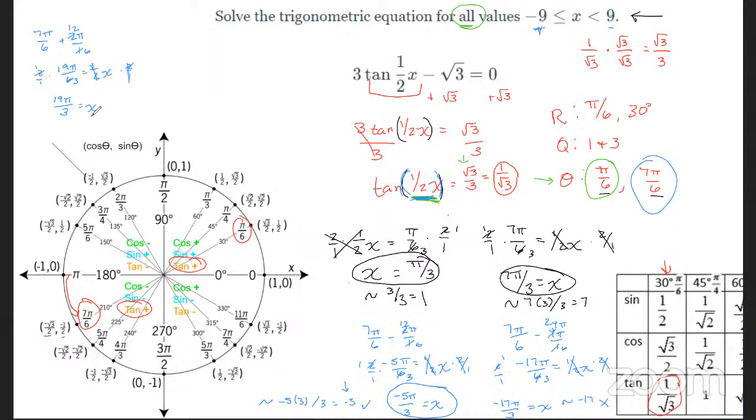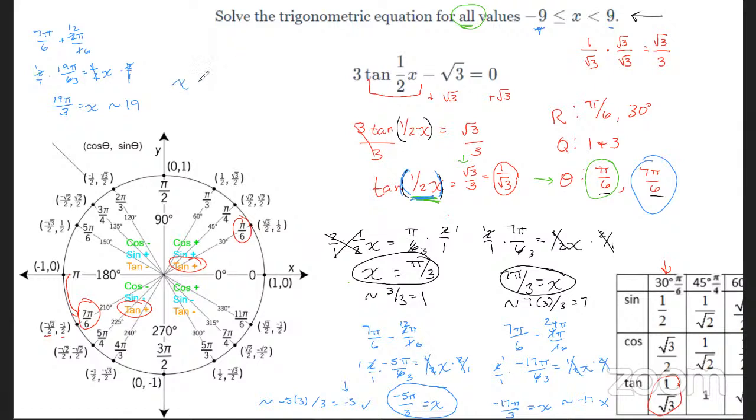But we don't know if that's an acceptable answer or not until we know if it fits within our domain that we were given, the negative 9 to positive 9. So we have to find an estimate. So 19 times an estimate of 3 for pi divided by 3 is going to end up being 19, which is too big and not in the domain that we have been given, the values that x has to be between.